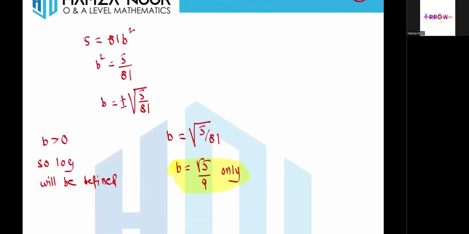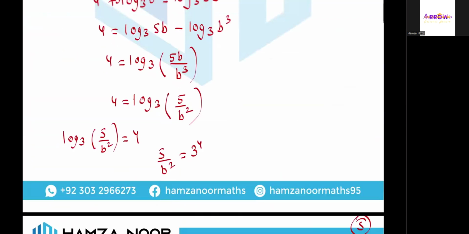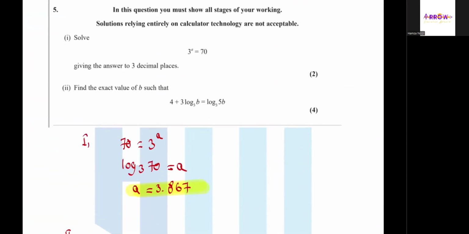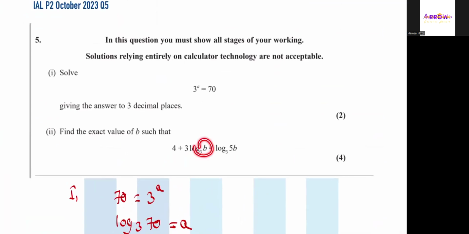But b should be positive here, in order to make the logarithmic term acceptable. The argument of the log should be positive.